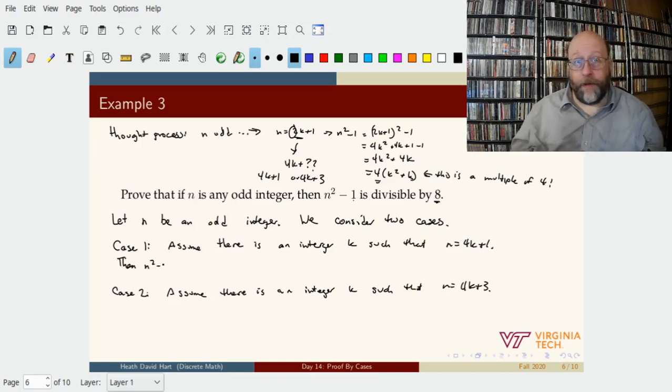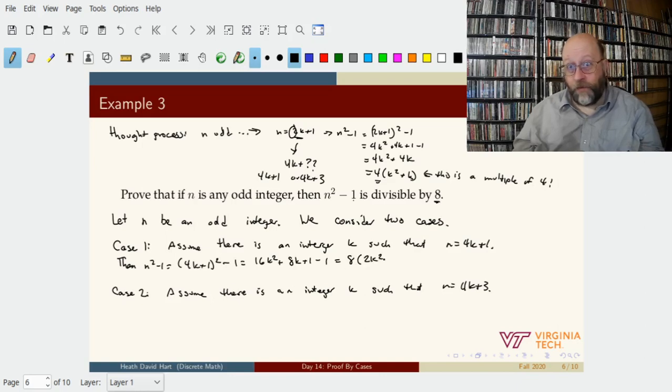Then n squared minus 1 is equal to (4k plus 1) squared minus 1, which is equal to 16k squared plus 8k plus 1 minus 1, which is equal to 8 times (2k squared plus k).